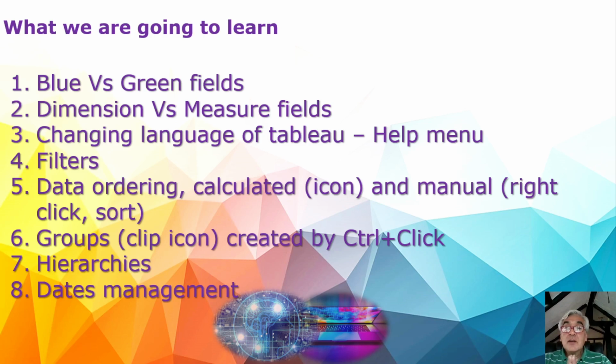The second difference is between dimension versus measure fields, which means that we have fields that describe something and fields that present a measure, for example, numbers, or for example, IDs. Well, an ID may be a dimension, but a measure may be quantities, or prices, or something like that.